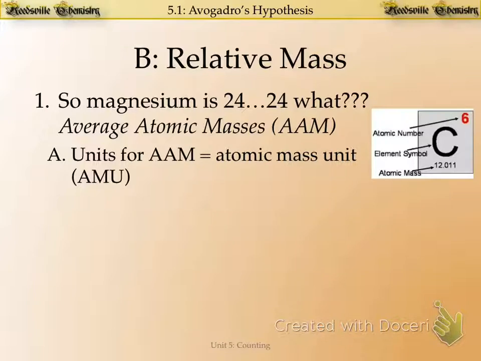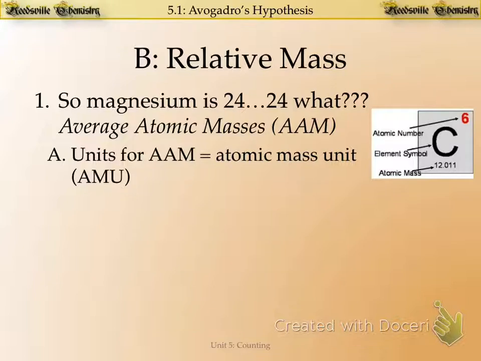So if you look at your periodic table and you go find carbon, you'll notice that there are 2 numbers alongside of carbon. One at the bottom on our periodic table is the atomic mass. The whole number is called the atomic number. The whole number refers to the number of protons that are in the element. The protons for an element are like the fingerprint or the social security number.